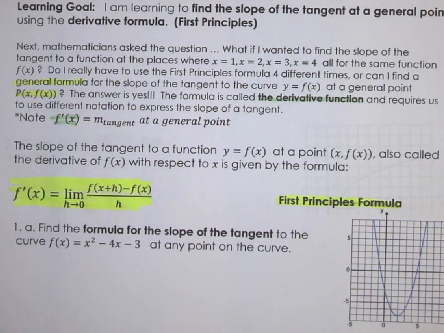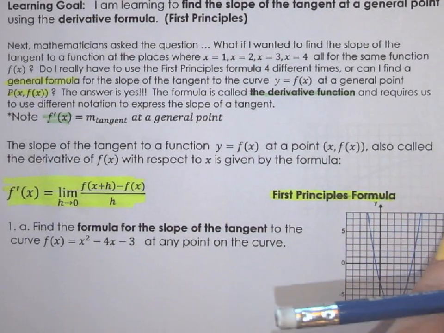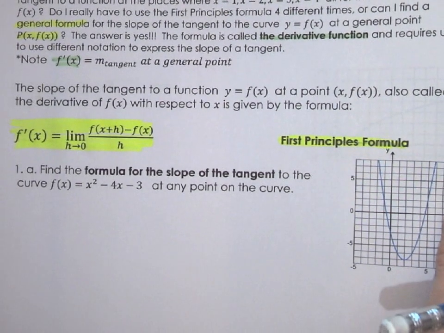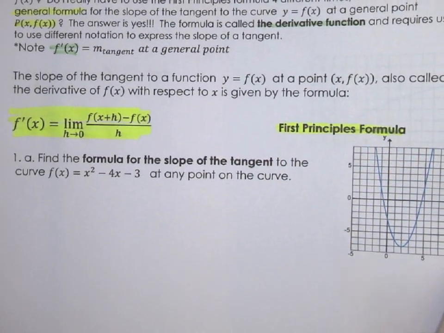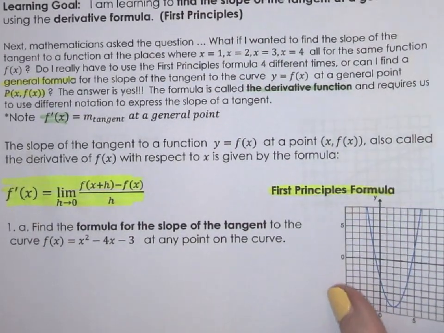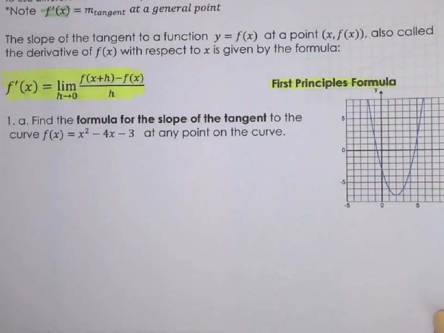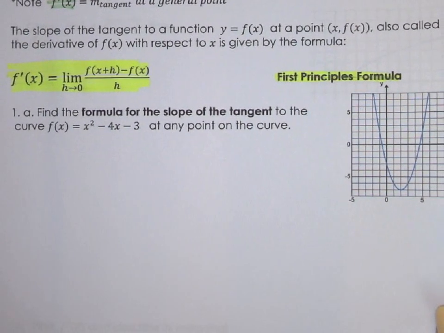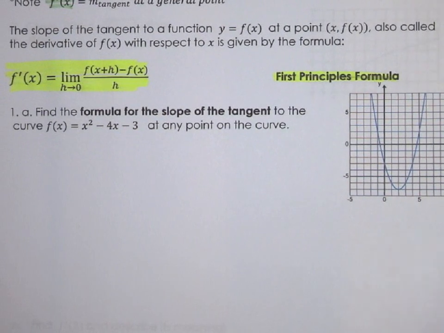Okay, we talked about the origins of calculus, but now we're using first principles formulas for this chapter when we're finding the slope of the tangent at either a specific or general point going forward. So our first example says to find the formula for the slope of the tangent to the curve f at x equals x squared minus 4x minus 3 at any point on the curve.